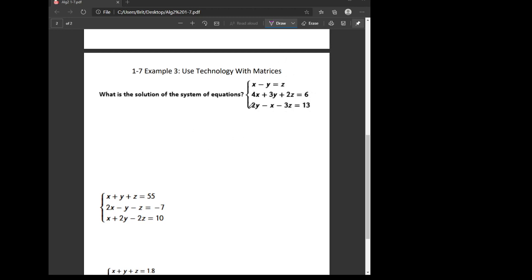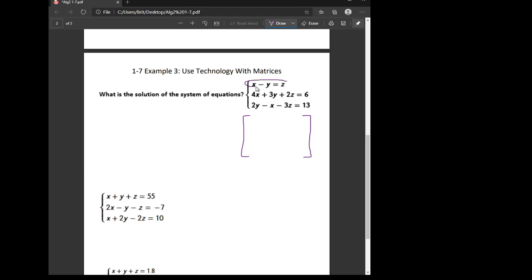So remember, when you have a matrix, you want to make sure that your first column is for your x's, second column for y, third column for z, and your fourth column for your constant. So sometimes you need to rearrange your equations so that they'll fit properly in the matrix.